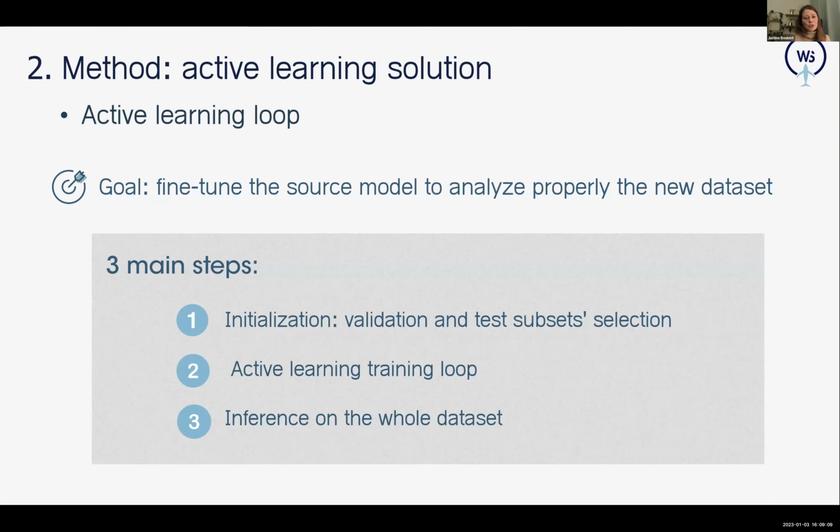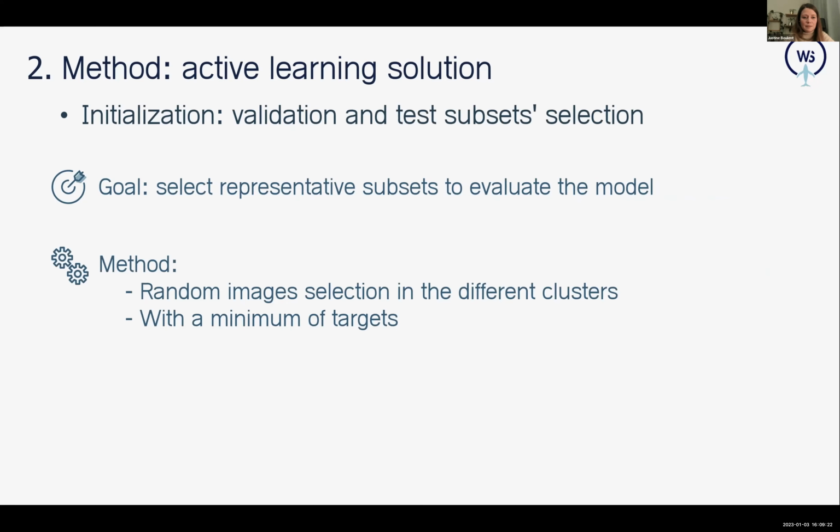Let's move on to the second major block of our pipeline, the active learning loop. The goal of this step is to fine-tune the source model so that it can correctly analyze the target dataset. Based on the outputs of the preliminary analysis, we will start by selecting images for the validation and test subsets.